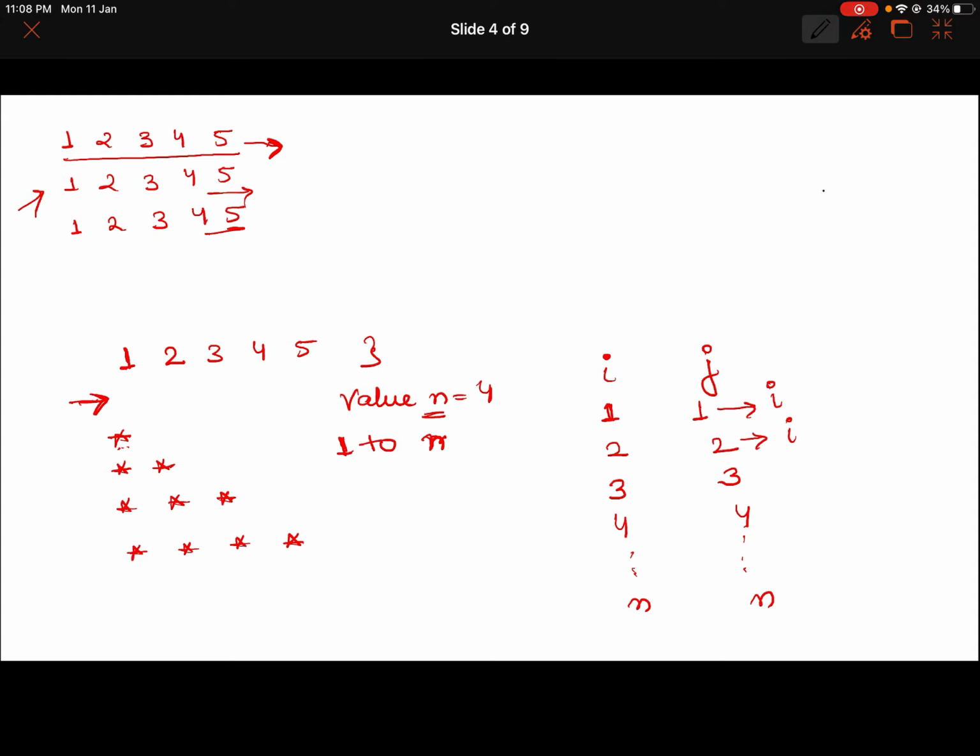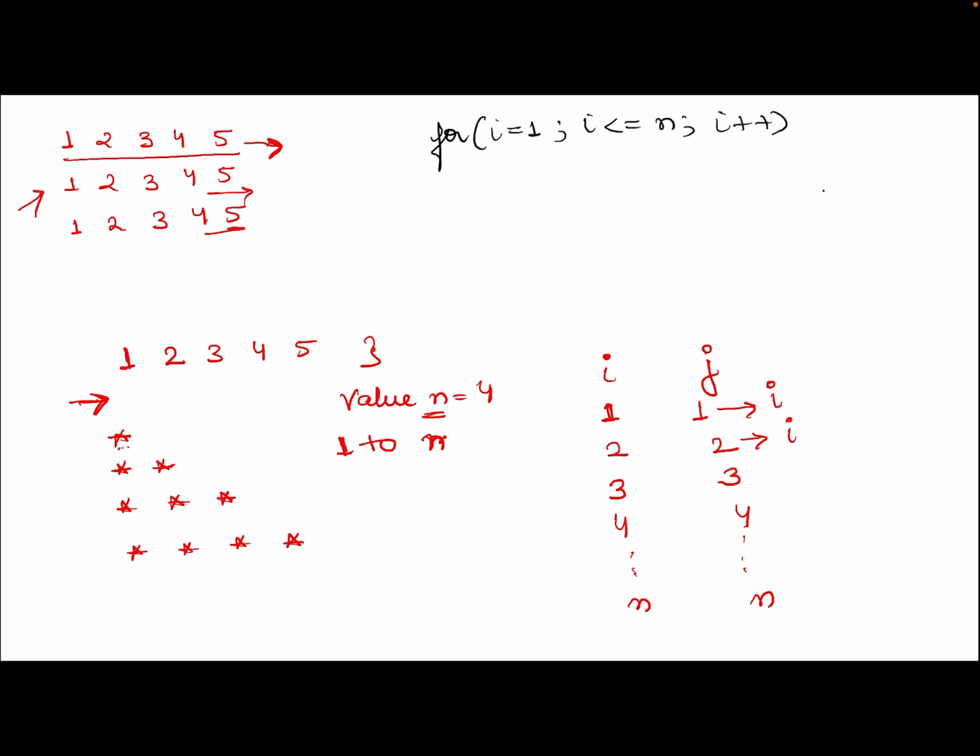So I can write that i should be printed. The number of rows is n. Okay. So 1 to n. I want to print n rows. So I am writing it like this, 1 to n.